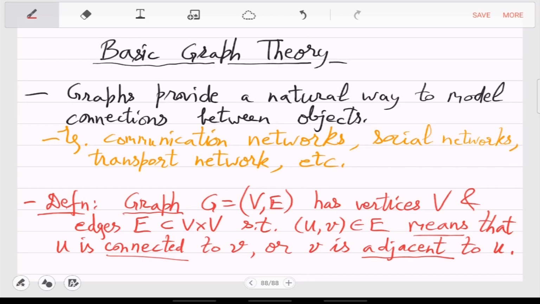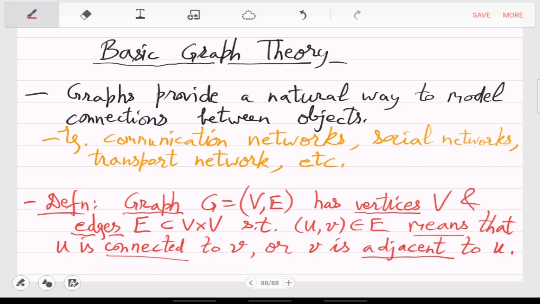So graph is this: vertices is the first set, edges is the second set. Something being present, pair u comma v being present in E means that in words we say that v is adjacent to u, or u is connected to v, or v is connected to u.